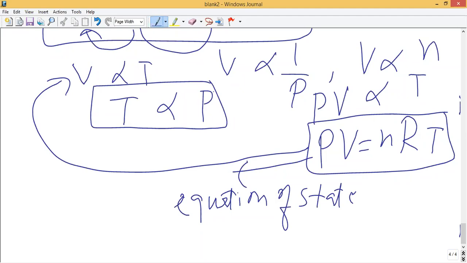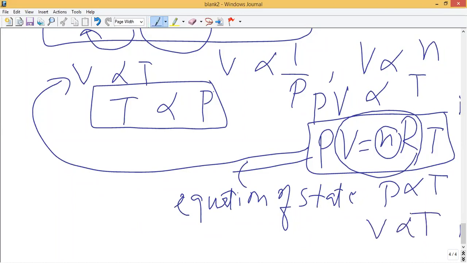By keeping these three terms, volume, n the number of moles, and capital N the number of molecules, constant, you can say that pressure is directly proportional to temperature. Or keeping pressure constant, V is directly proportional to temperature.